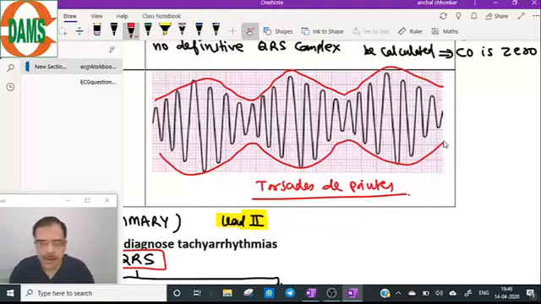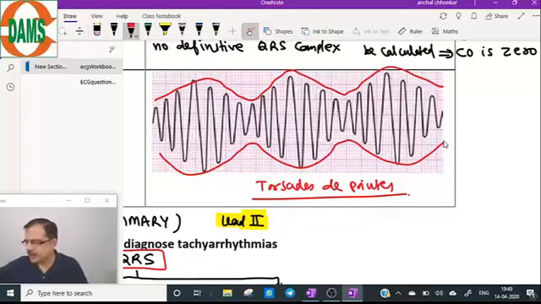Due to the prolonged QT, because prolonged QT means more repolarization time, so the refractory period becomes relative refractory. When the refractoriness reduces, the ventricle can generate its own ectopics, leading to these ventricular arrhythmias.